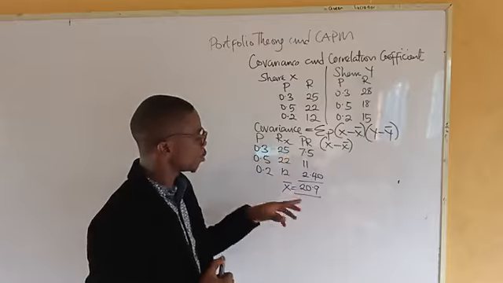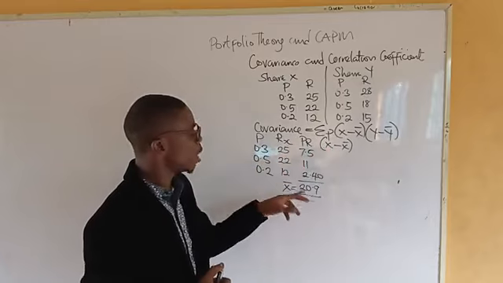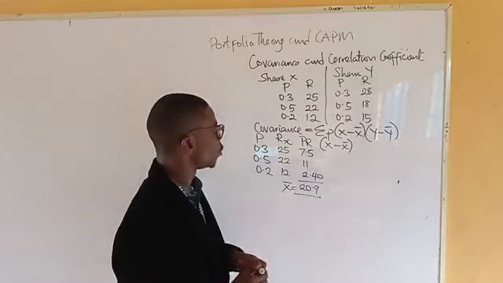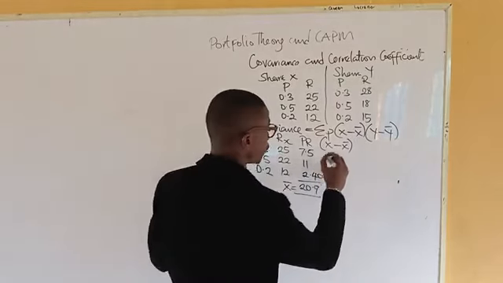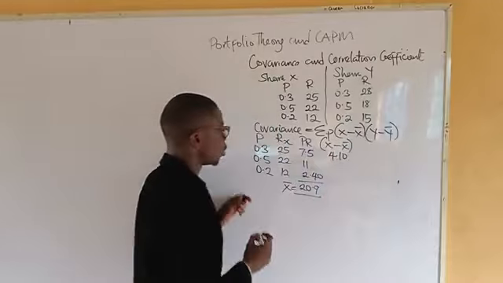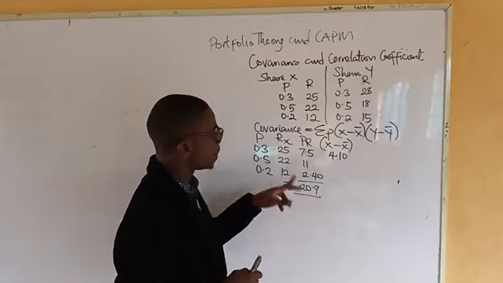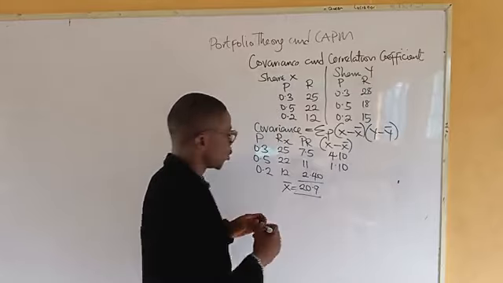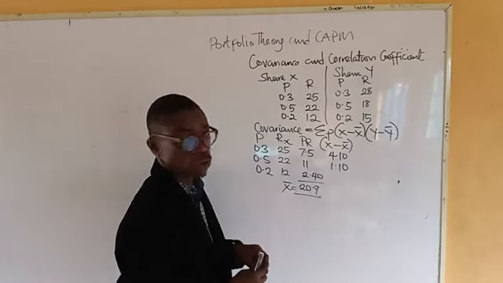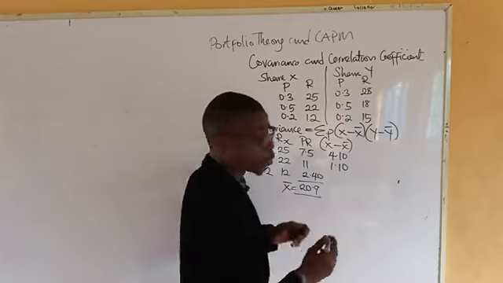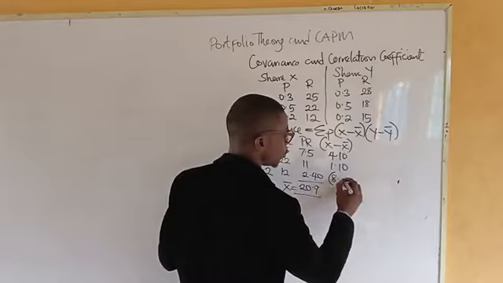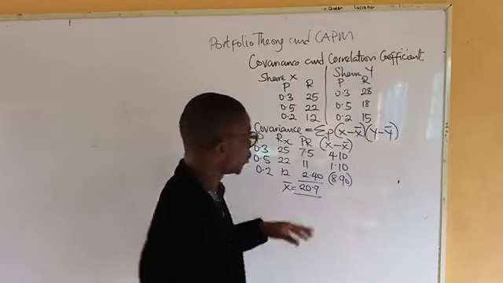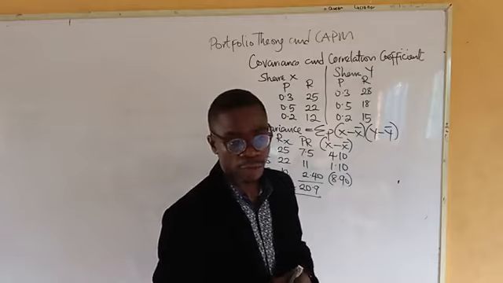So our x, which is 25 minus 20.9, gives us 4.1. Okay, now 22 minus x bar is 1.1. Then 12 minus 20.9 is minus 8.9. You know, in accounting, when you put brackets, it means minus. So we have done for that, right?